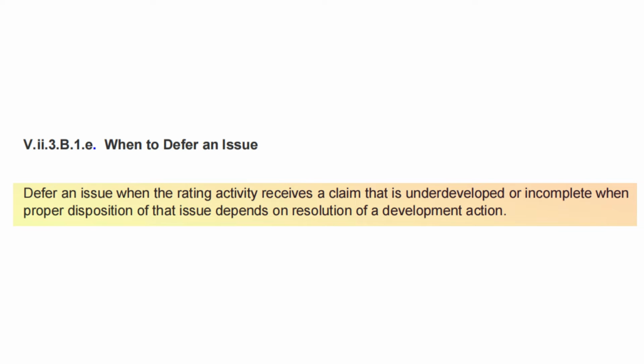So let's just say you had multiple contentions. Go to the C&P exam, they come back with positive opinion on some of them, but one of them, there's a negative opinion.